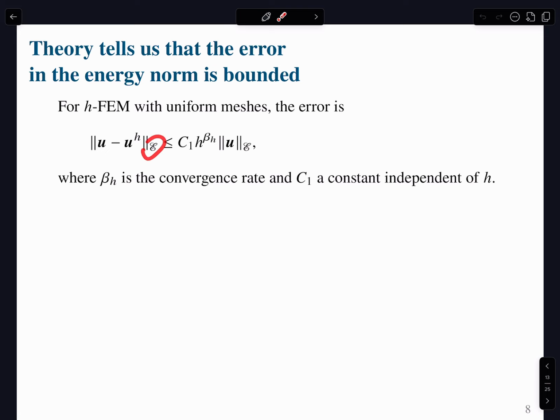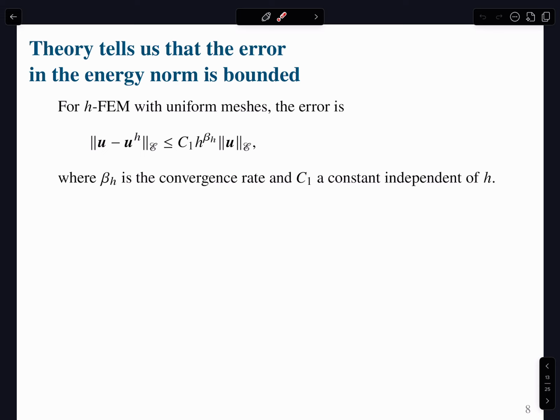So remember, we're looking at the energy space because we're actually interested in the bilinear form. Remember that we had these expressions that were linking the way we are measuring quantities in functional spaces to the bilinear form. And so we are always interested in looking at the error in the energy norm. So we're looking at error in the derivatives, right?